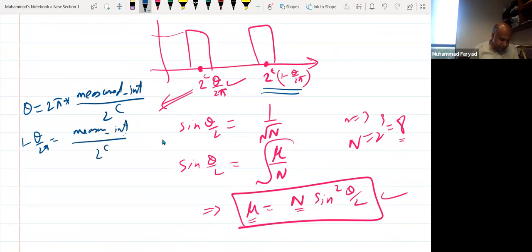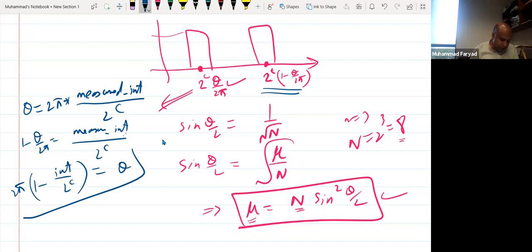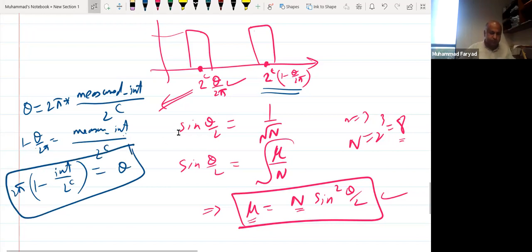I can take this there and this here, and then theta is 2 pi times 1 minus measured integer over 2c. So this is how we can get both, and you can use either one to find theta. The important thing is that once we know theta, we will know mu immediately.